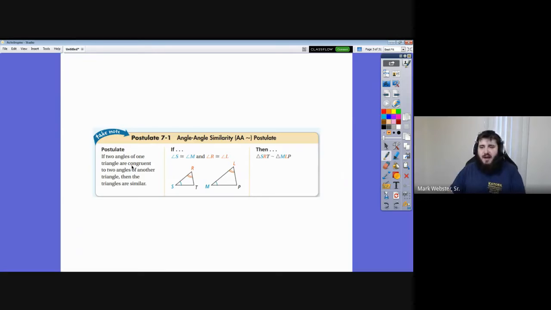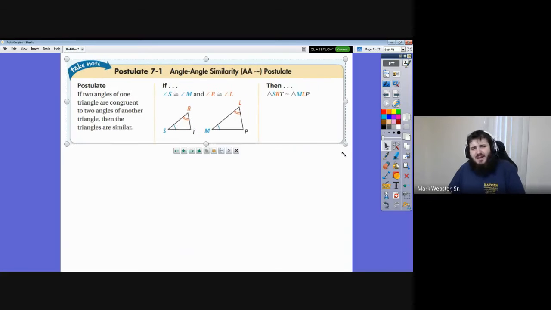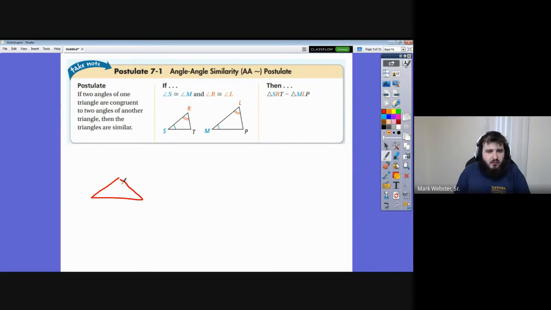All right. So let's start out with angle-angle. Now, I don't really like the way the book does this. To me, it's far more intuitive to start out with saying, okay, well, if we knew all 3 angle pairs are this, because every single time we've talked about anything with triangles, especially when we're talking about congruence, there's always 3 things, right?